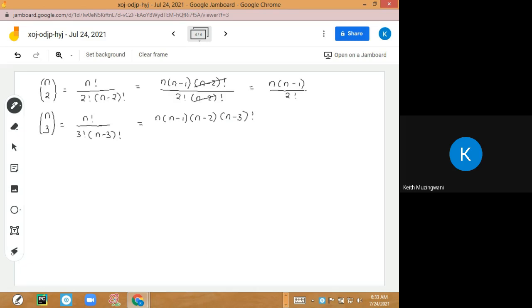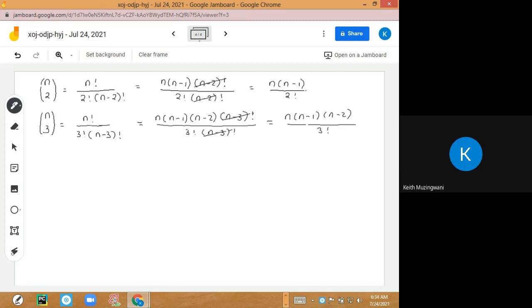If we put factorial, we'll have this number down, 3 factorial by n minus 3 factorial. So this n minus 3 factorial and this one can take each other, so that we just have n, n minus 1, n minus 2 over 3 factorial. So in application questions, this is how far we go in knowing the coefficients.